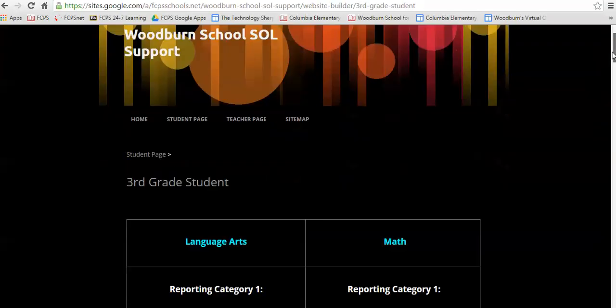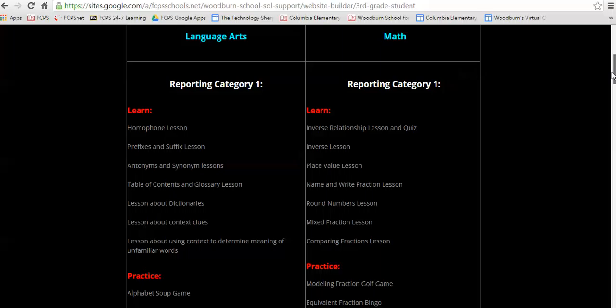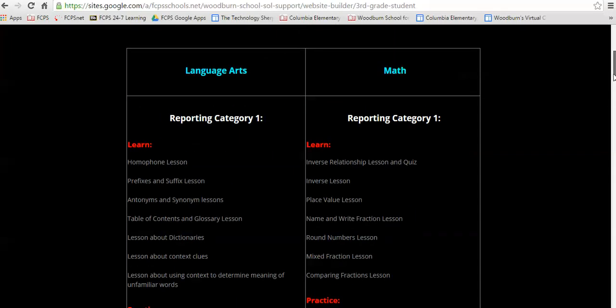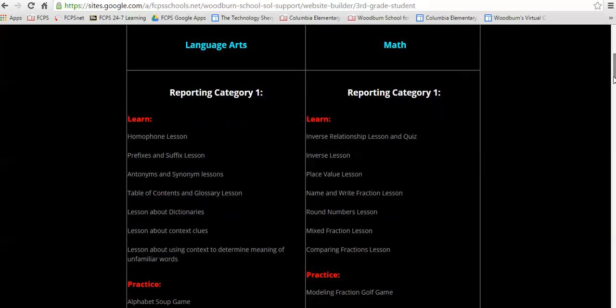And like I mentioned before, for each category there's areas where they could learn, get some web tutorials, some videos on those skills, and then down below there's opportunities to practice. So for language arts, third grade, reporting category 1, suppose your student didn't do so well on the test with homophones.